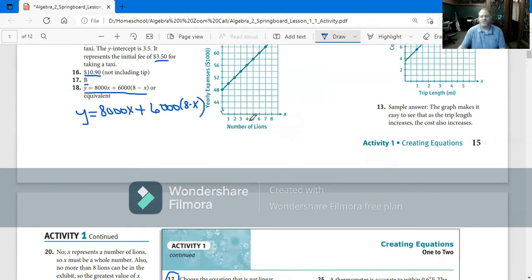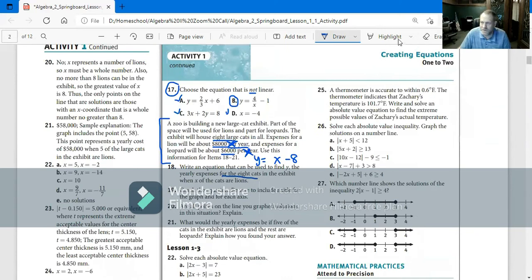All right, guys, and there's your equation. Sorry about that, guys. I'm doing it again. Hold on. 8 minus the x, right?